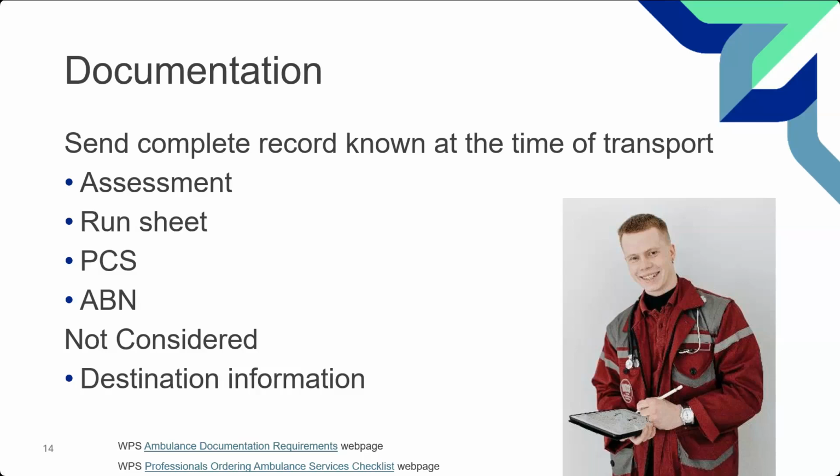This is different than when you pick up at the ER or you pick up at a skilled nursing facility and you get a report from them. Well, the EMT knew that. So now they would need to tell us somewhere along the way, hey, we checked this report, this is why we did what we did. Then they did use that information and it should be included. So there's a couple of resources again for some documentation stuff. Remember, PCS equals physician certification statement and ABN equals the advanced beneficiary notice of non-coverage.